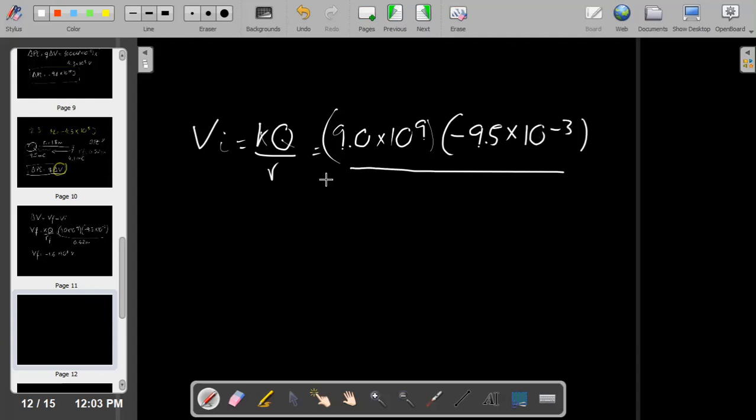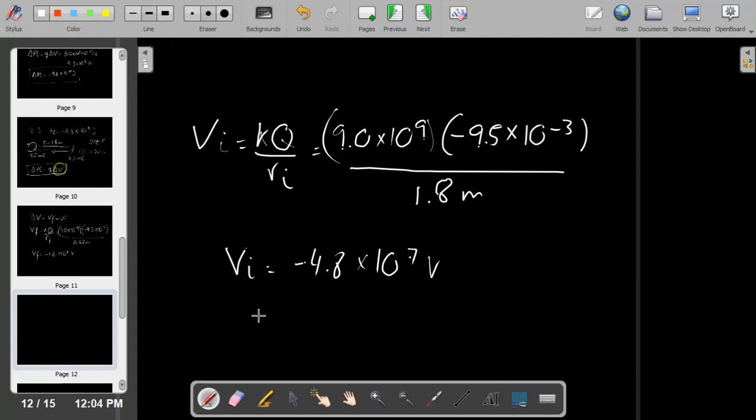And now we need to find our initial position. If you remember from the problem, that initial position was 1.8 meters. Put all of these in your calculator, do the math, and you should be getting an initial electric potential of minus 4.8 times 10 to the 7 volts.